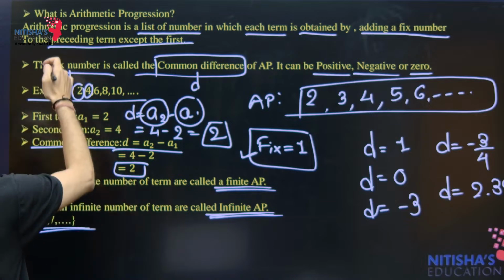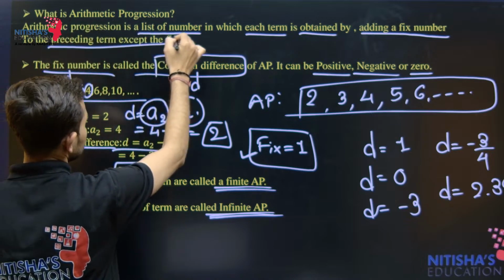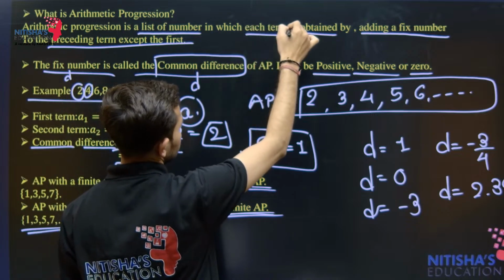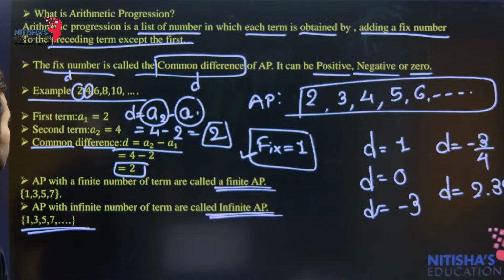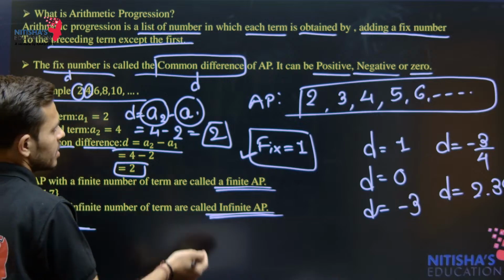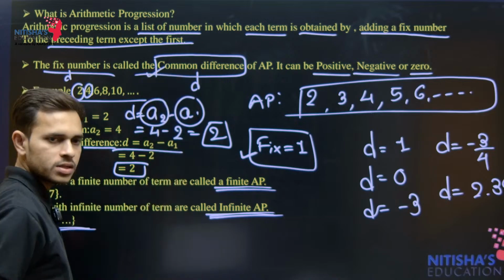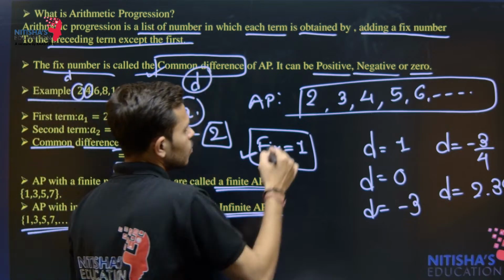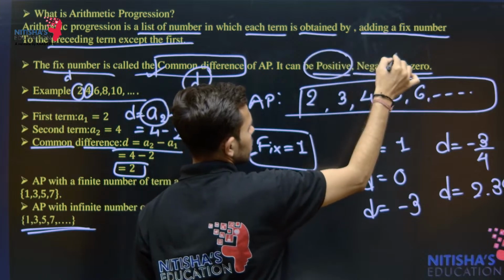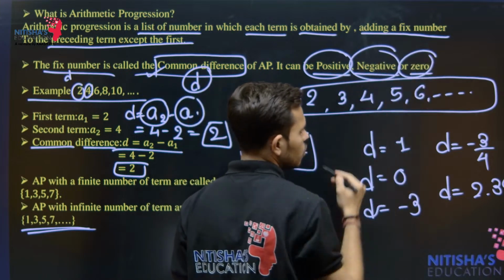We understand what an AP is. It is a list of numbers in which each term is obtained by adding a fixed number to its previous term. That fixed number is called the common difference, which is denoted by small d. This small d can be positive, negative, or 0, as we have discussed.